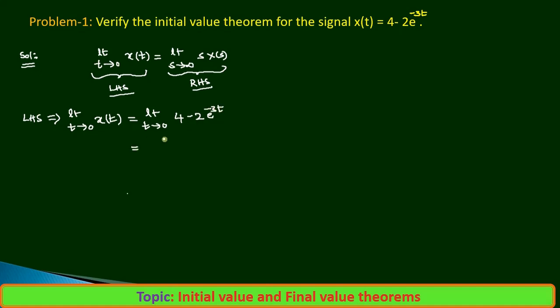After substituting t equals 0 in this expression, we get 4 minus 2 e^0. e^0 value is 1, so we get 2. So limit t tends to 0 of x(t) has value 2.